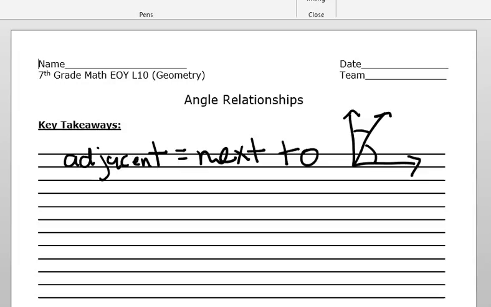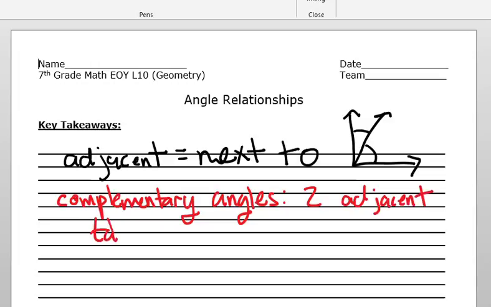Your next definition is complementary angles. A complementary angle, when you have two adjacent angles that add up to 90 degrees.